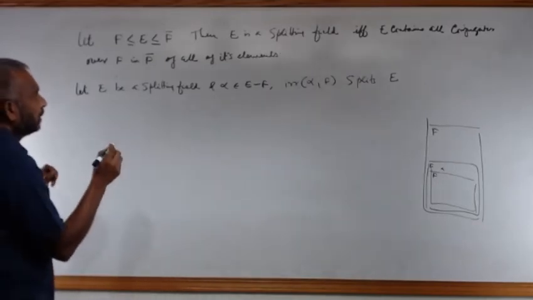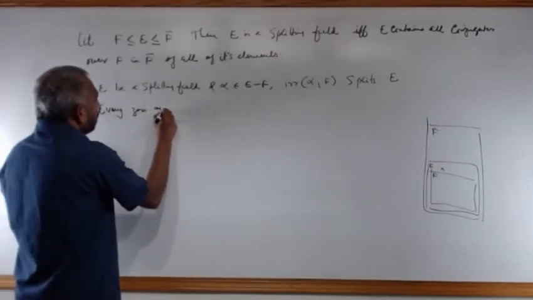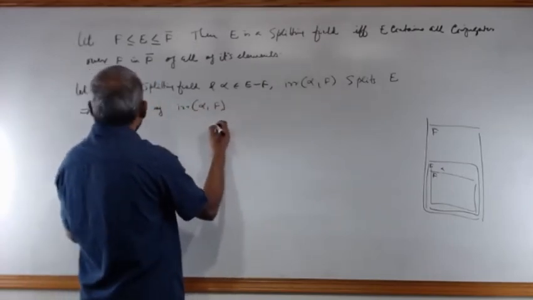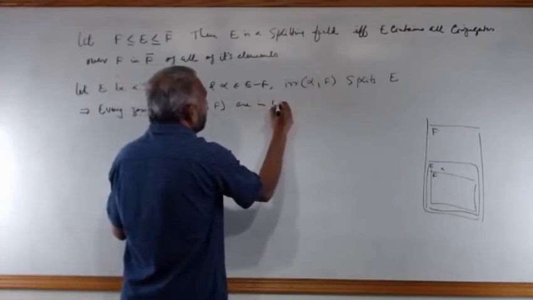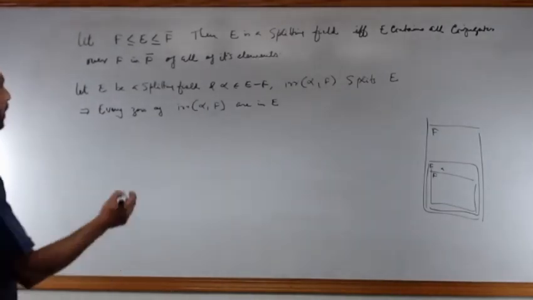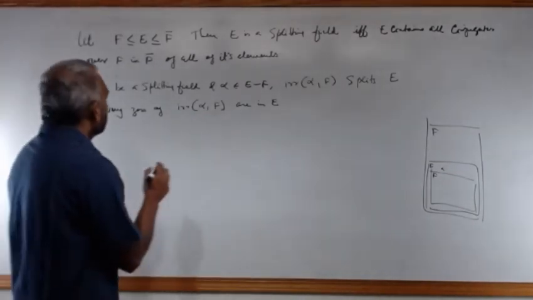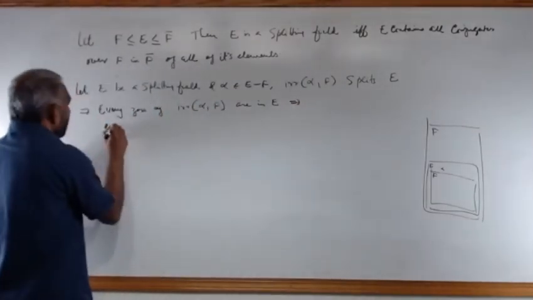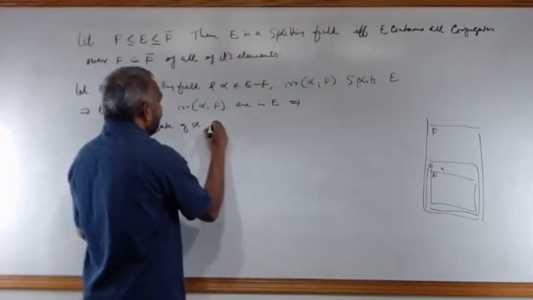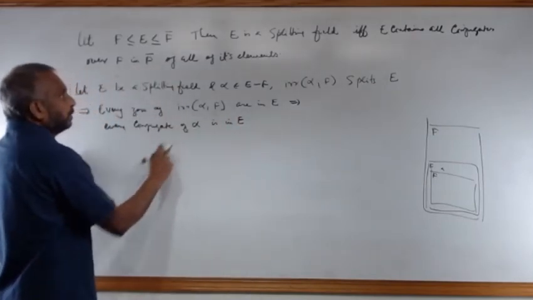What does this mean? This means every zero of the irreducible polynomial of alpha over F is in E. Every irreducible polynomial, so every zero of that irreducible polynomial is in E. That means every conjugate of alpha is in E, because the zero of this polynomial is a conjugate of alpha, and that is the first part.